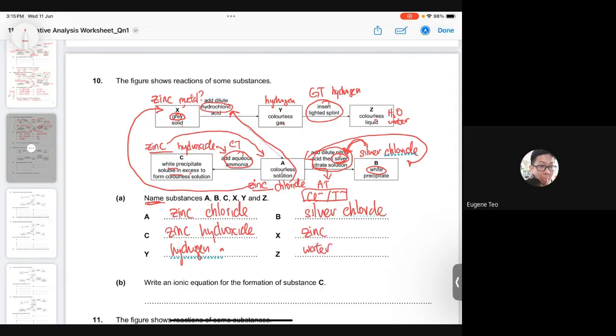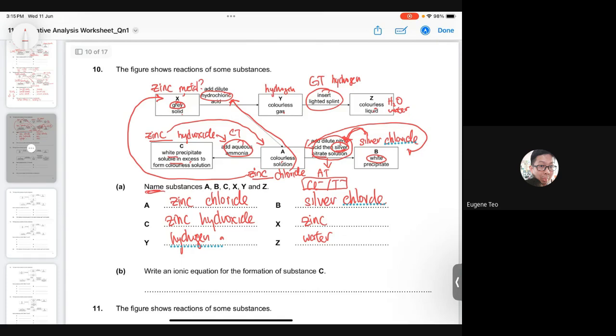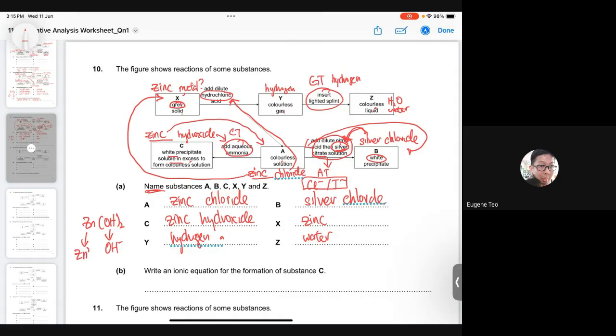Okay, so write the ionic equation for substance Z. Zinc hydroxide is Zn(OH)2. So I know it contains hydroxide ions, and it contains zinc ions as well. So for this one here, the ionic equation will be: zinc hydroxide is the product.